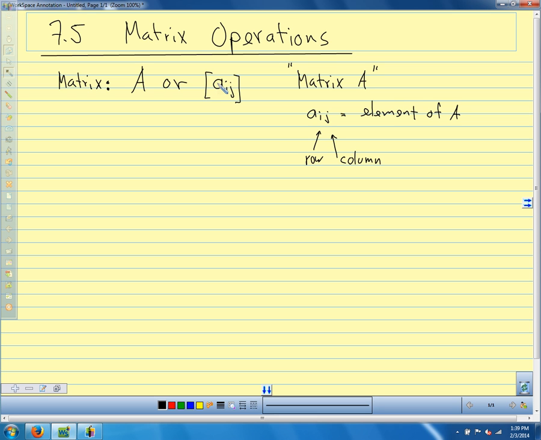First thing we want to know is when matrices are equal. First off, matrices are equal if several things happen. One, they have to be the same size or the same order.